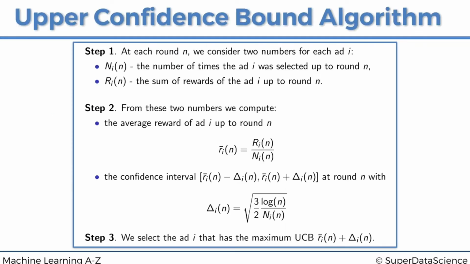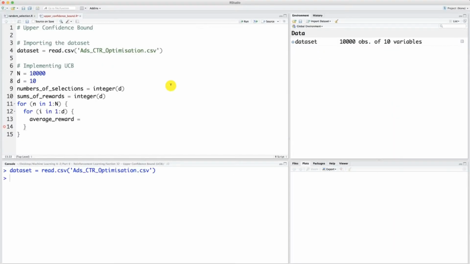It says that it's the sum of rewards of the ad version i up to round n divided by the number of times this ad version i was selected up to round n. So simply let's write this formula. We already have these two variables. Well, we have the vectors, but of course we will take the ith element of these two vectors because they correspond to our ad version i.